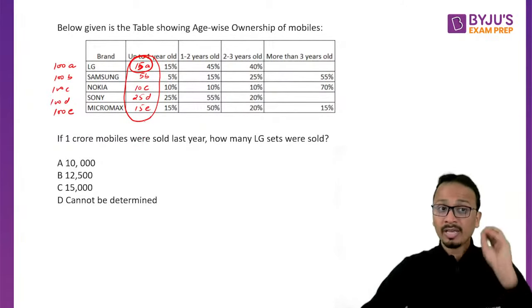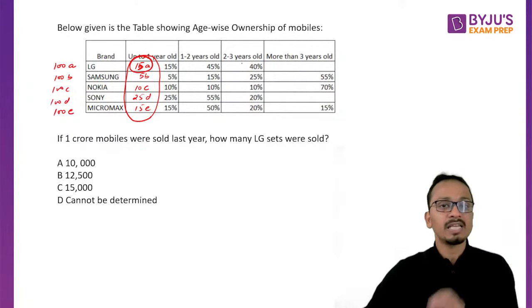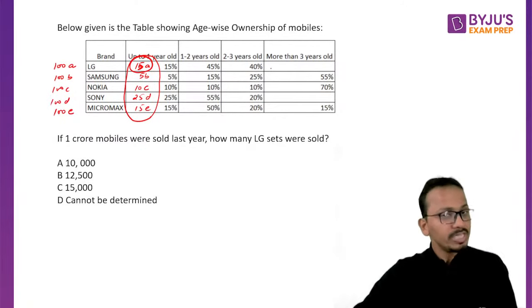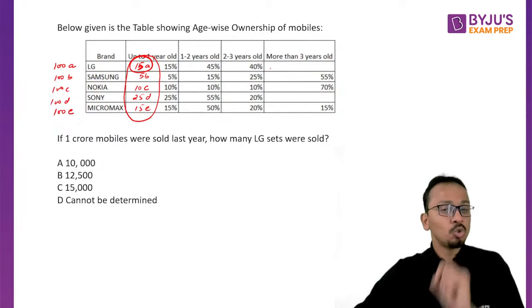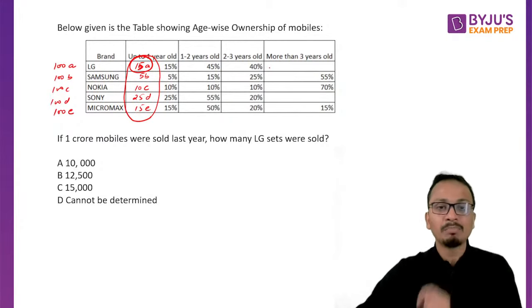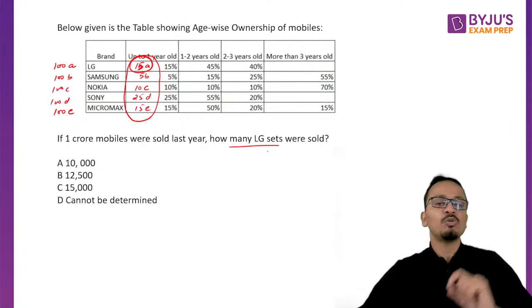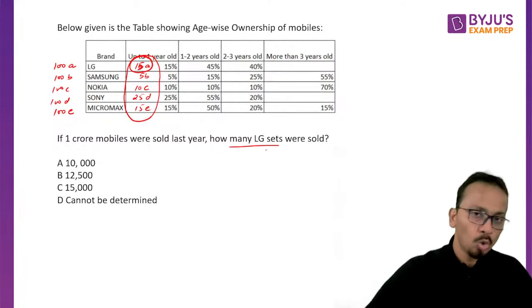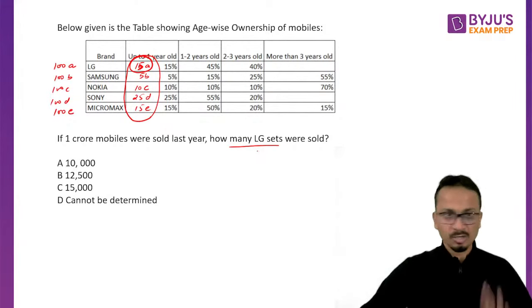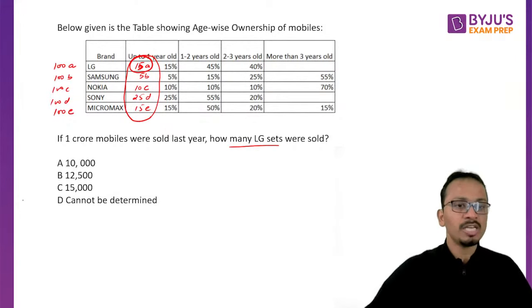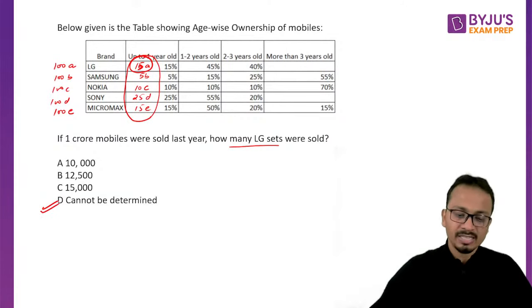If they would have given the total number of LG sets which are sold up till now, then we could have easily found out how many LG sets were sold in the last year. So basis this information, yes, we cannot find the answer.